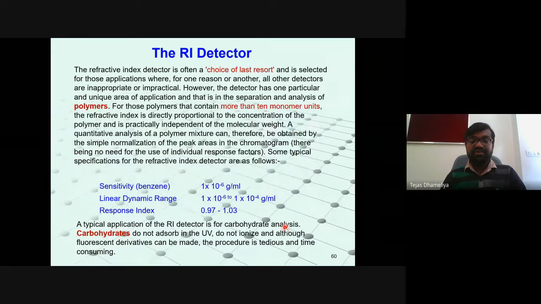Carbohydrates do not absorb, do not ionize, and they are fluorescent insensitive. So, in typical sugar analysis, where people are synthesizing glycans, sugars, monosaccharides, disaccharides, or polysaccharides, the refractive index detector is used.